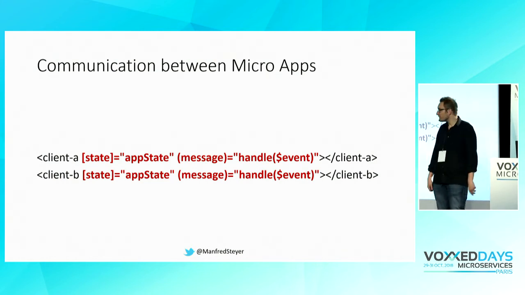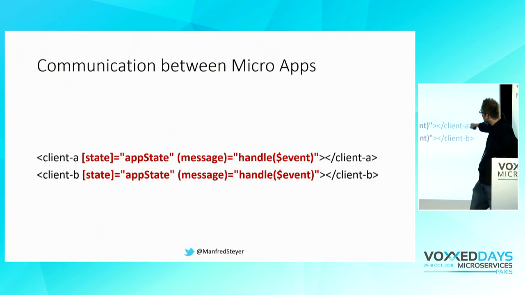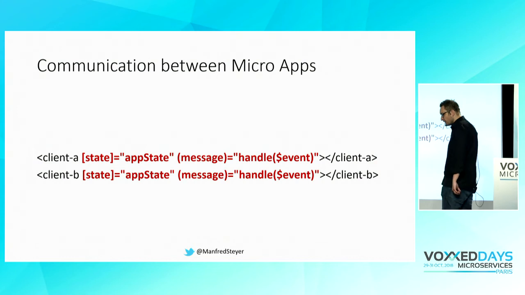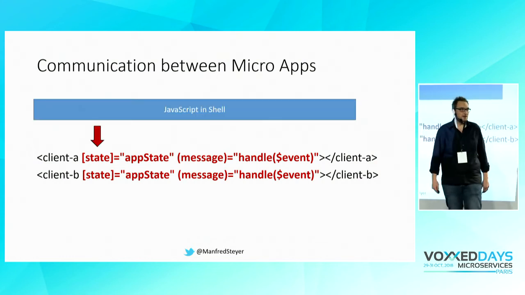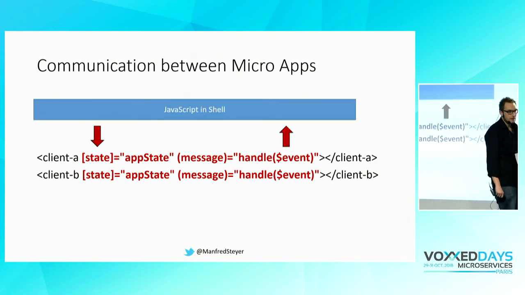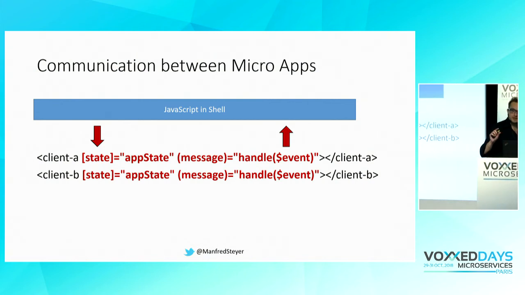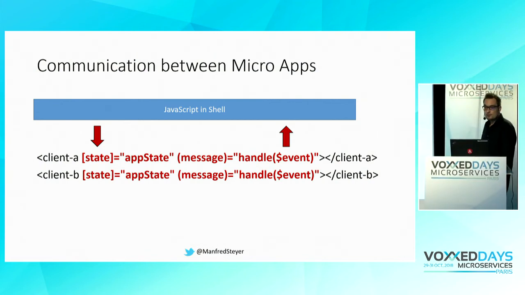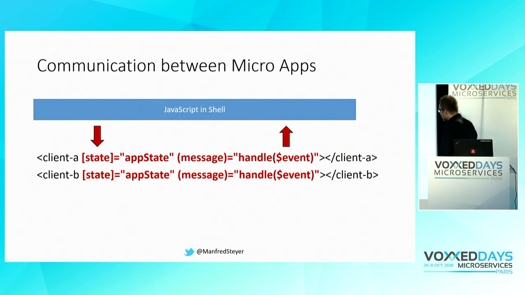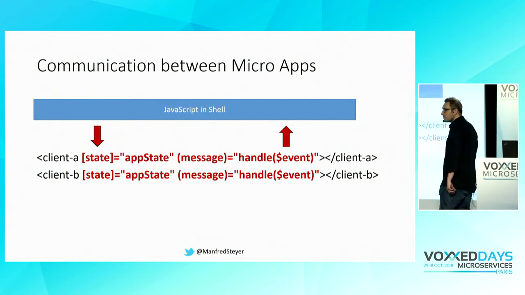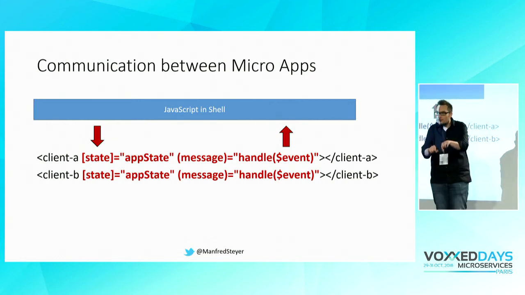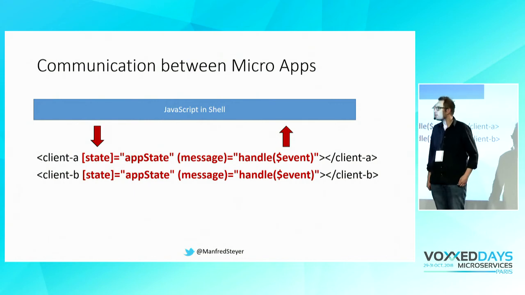And because of this, they can have something like event handlers, and they can have something like properties and attributes. And using this, you can very easily hook up something like a message bus. A message bus that is located within your shell, a message bus that handles all the events that have been published, and a message bus that sends down new data to your web components on demand.